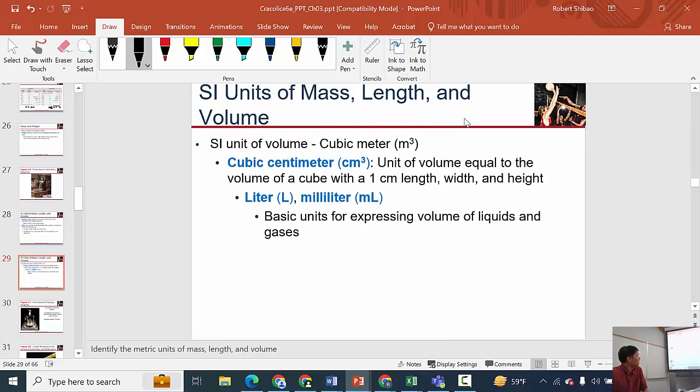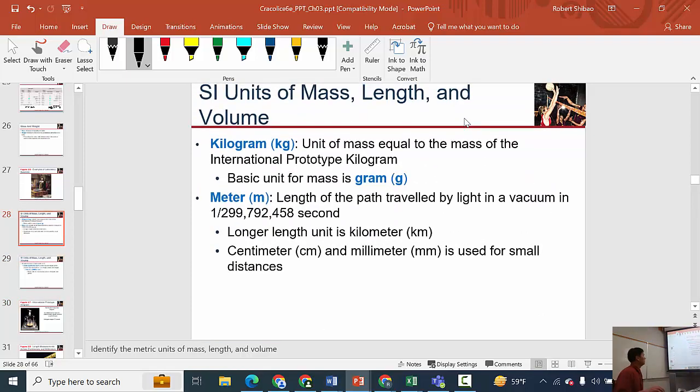Okay, so there's going to be a new definition that people are looking for the kilogram. And this new definition is based on, well, you need some sophisticated instruments, but for right now, just know that that's how a kilogram is defined. Now, how is a meter defined?